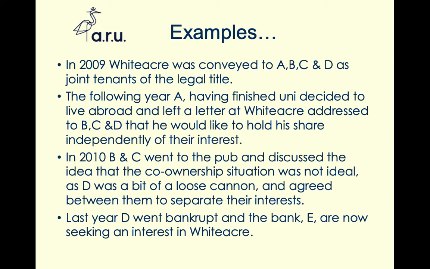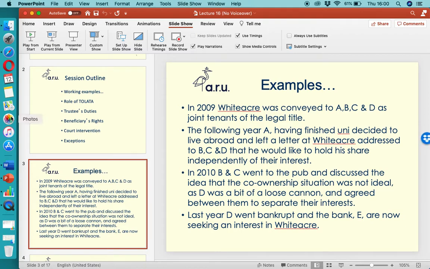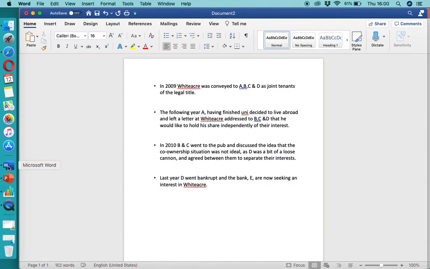So what I'd like to do for a moment is take us to a Word document and show you a skeleton framework as to how you could set that stuff out in your mind. Okay, so we have this beginning point, this 2009 moment where Whiteacre is transferred across to 4 parties in the eyes of the law.